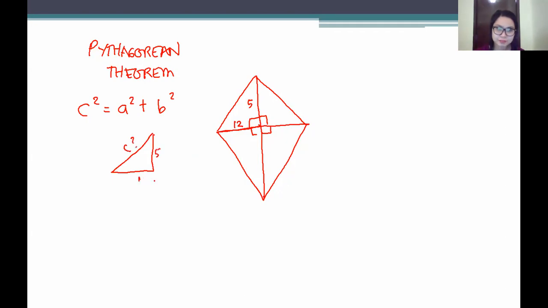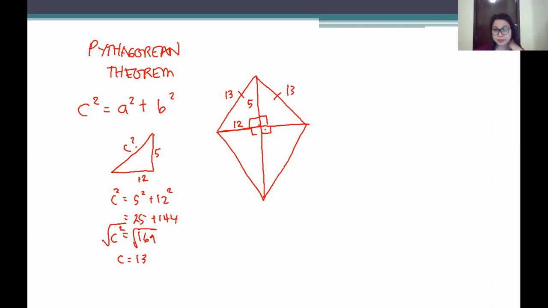So let me solve it. c squared equals 5 squared plus 12 squared. That's 25 plus 144. The answer is 169. c squared is 169, square root of both sides, c equals 13. So this one is 13. Since the other one is also congruent, it also measures 13.